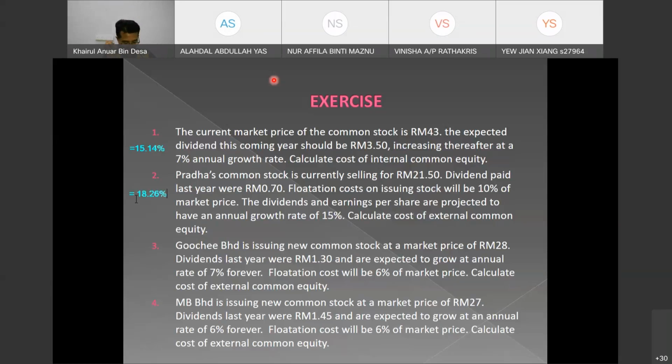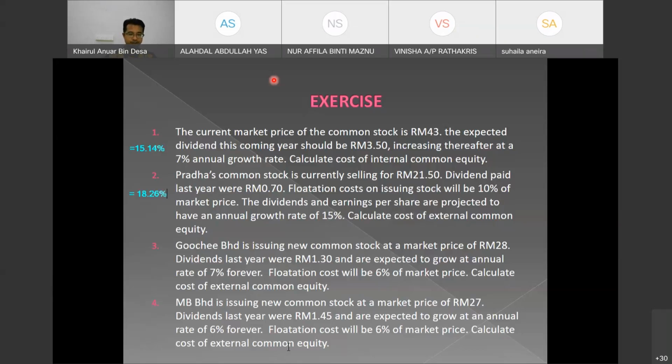Any other answer? I would like to call Suhaila Nira. What is your answer? Same as Vinisha, 18.26. Yes, correct. Okay, Vinisha and Suhaila.